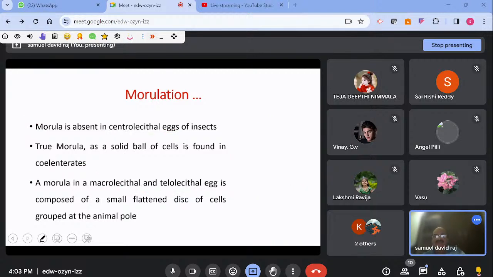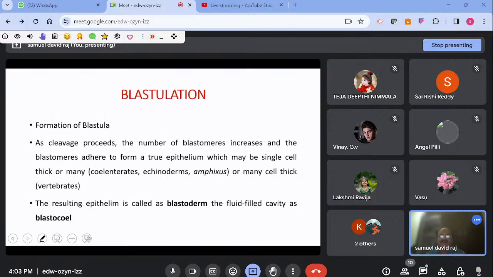So these are the differences between the morula. It is not seen in centrolecithal eggs. True morula, in the form of a ball of cells, is seen in ciliates. And in case of macrolecithal eggs or heavily telolecithal eggs, it is present in the form of a disc towards the animal pole.